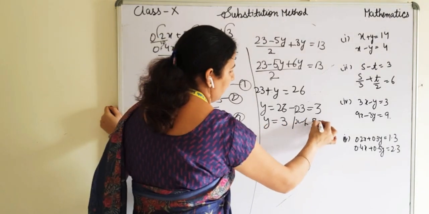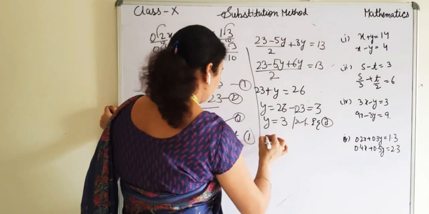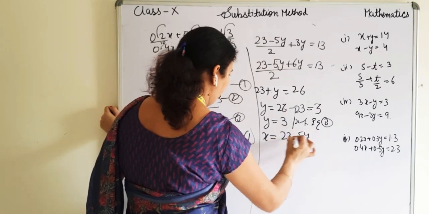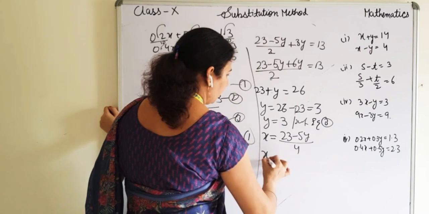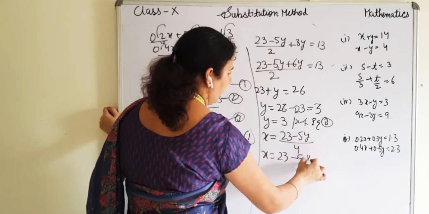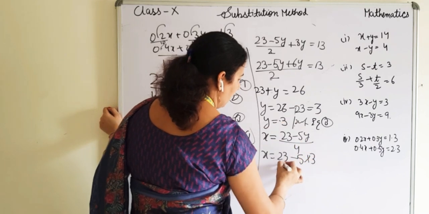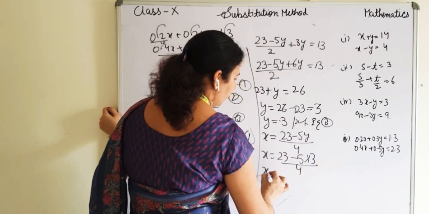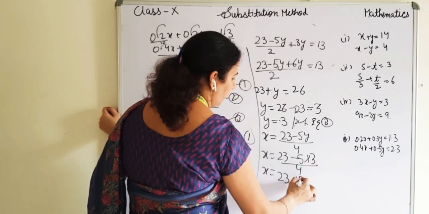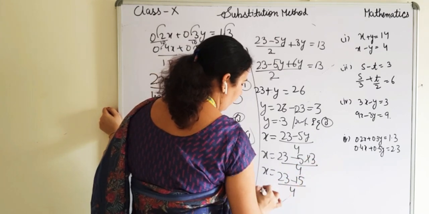Put in equation number 3. Equation number 3 is x is equal to 23 minus 5y upon 4. So x is equal to 23 minus 5 into y, which is 3, upon 4. So x is equal to 23 minus 15 upon 4.